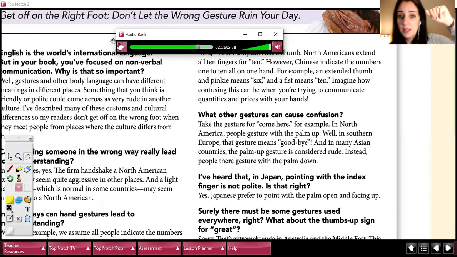Instead, people there gesture with the palm down. So it depends on the gesture of each place. So if you use palm up or palm down, this is interesting to know before you go to a place like that and to know how this works. Okay.